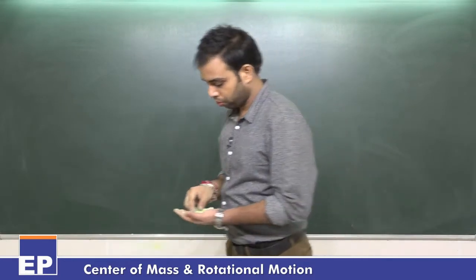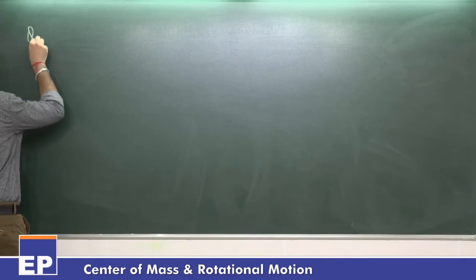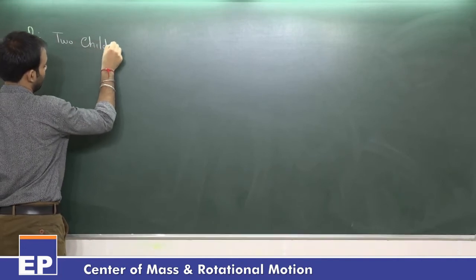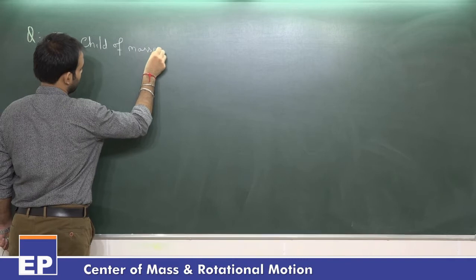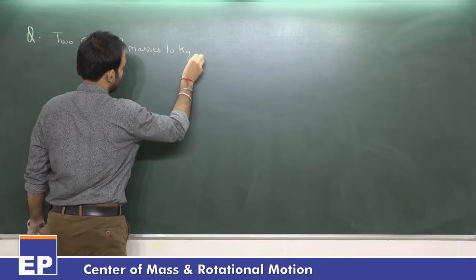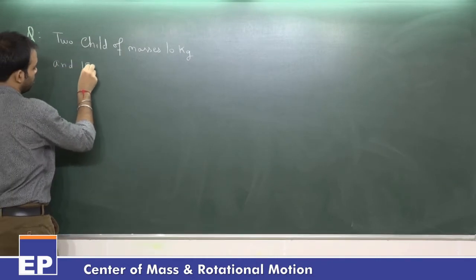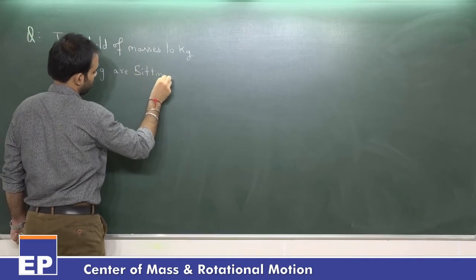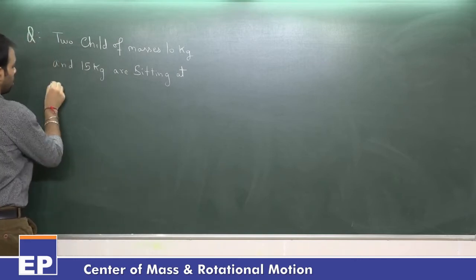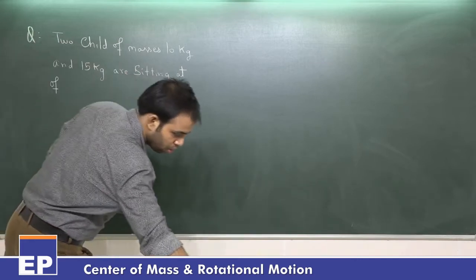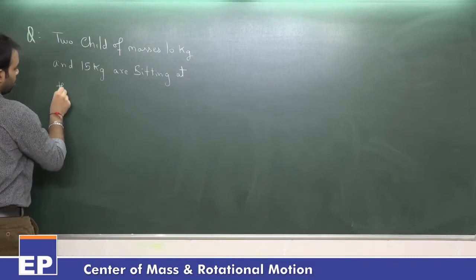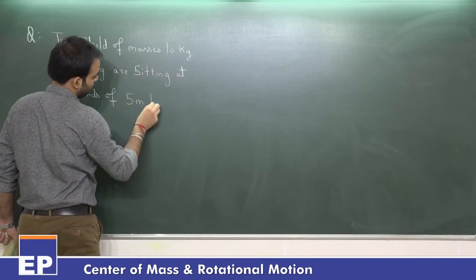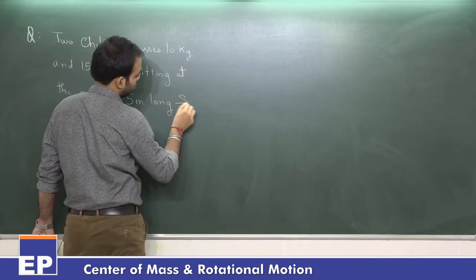Just write down the problem. Two children of masses 10 kg and 15 kg are sitting at the ends of a 5-meter long seesaw.